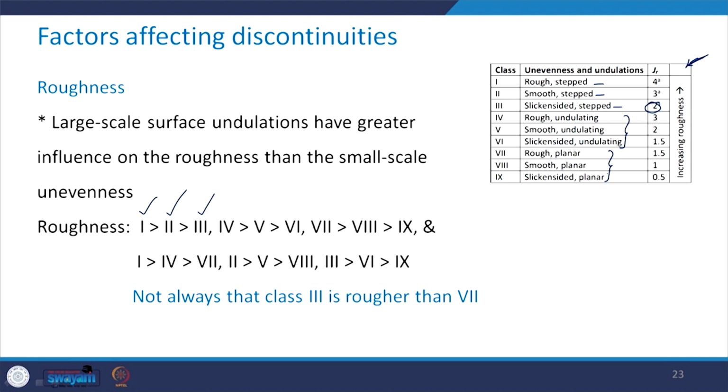Now, compare on the basis of small scale unevenness: rough stepped, rough undulating and rough planar. That means for all these 3, the small scale unevenness is the same, but the large scale roughness is different. One is stepped, another is undulating and the third is planar.